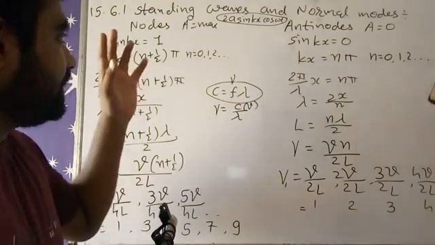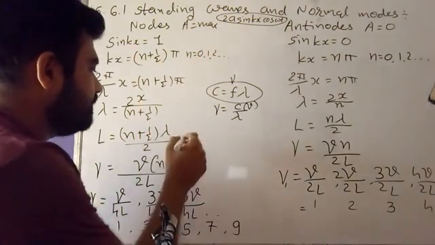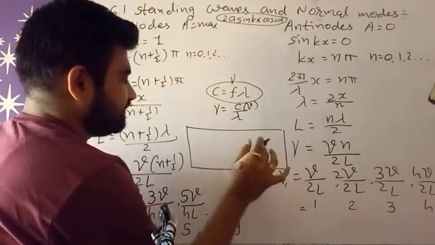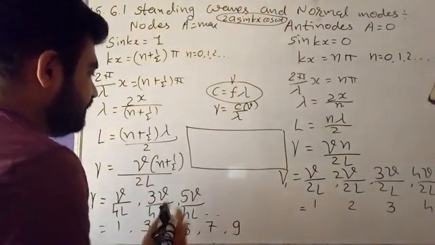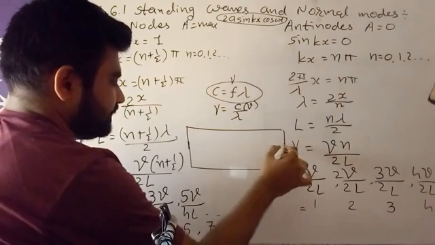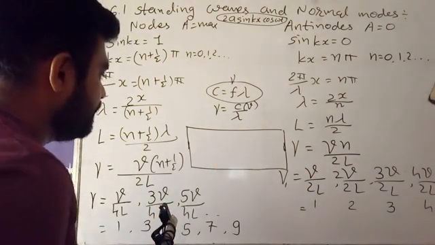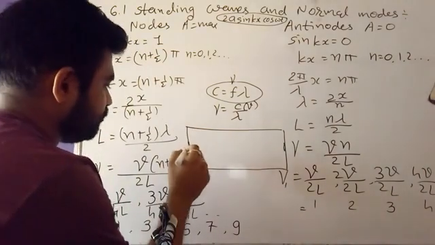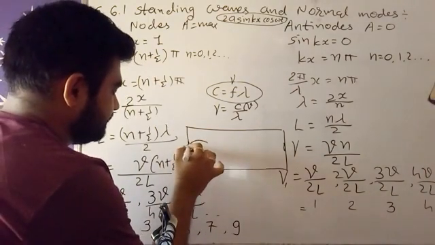So now I am drawing nodes and antinodes for a particular string. If you have fixed ends, so these are fixed ends, it always starts from a node, like this.